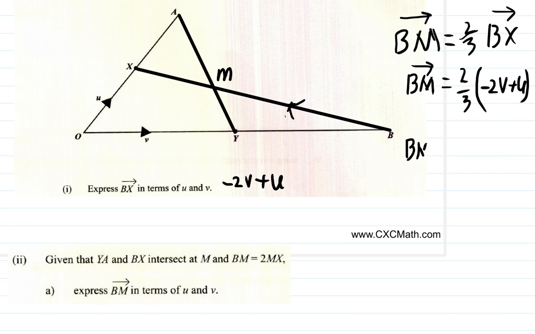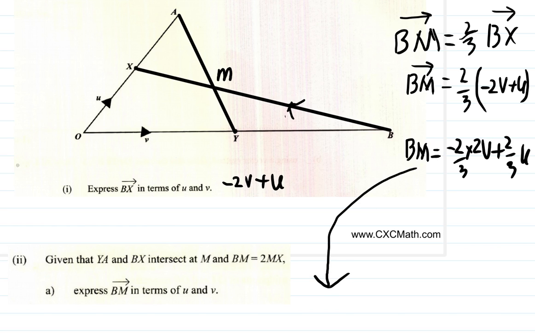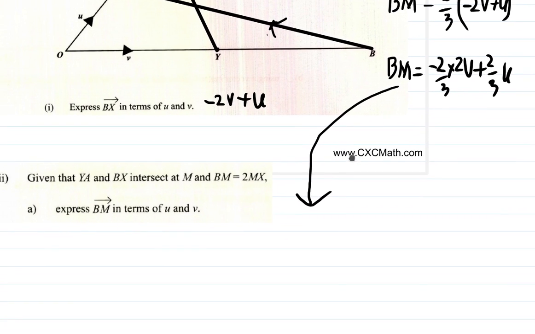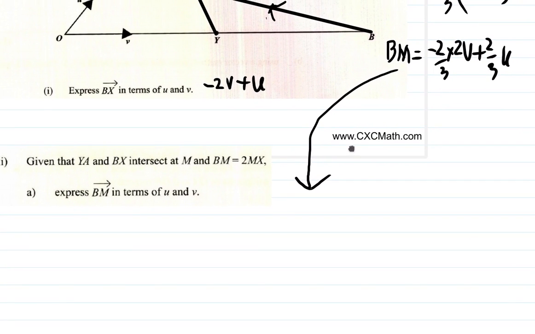So BM would be what now? Negative 2V times 2/3 would be negative 2/3 times 2V, plus 2/3 U. Alright, let's continue down here. We have more space here, as we kind of have to be squeezing for space up there.